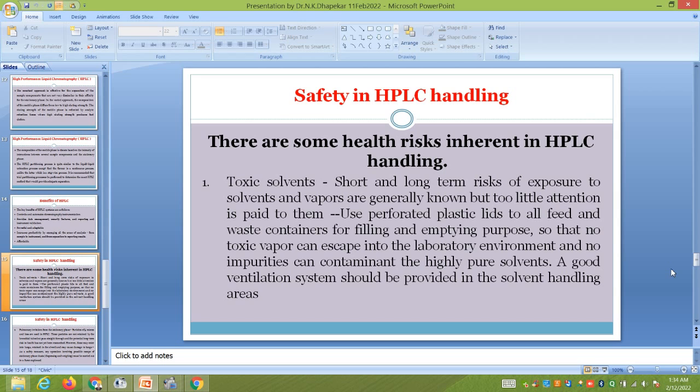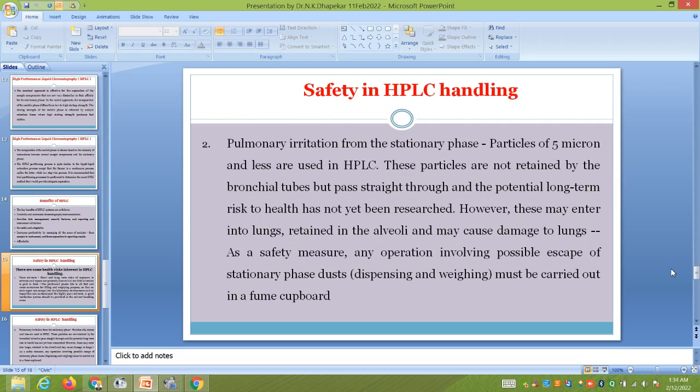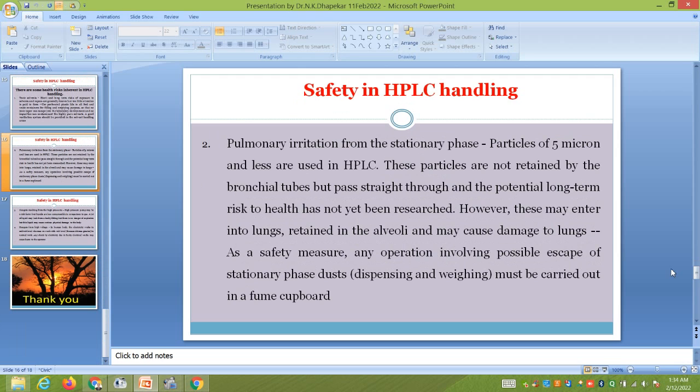But while handling these toxic solvents, the user should be very careful while working on HPLC. Generally in HPLC, particles of size 5 microns or less are used, and these particles are not retained by the tubes, so there is a slight risk and may cause damage to the lungs also.